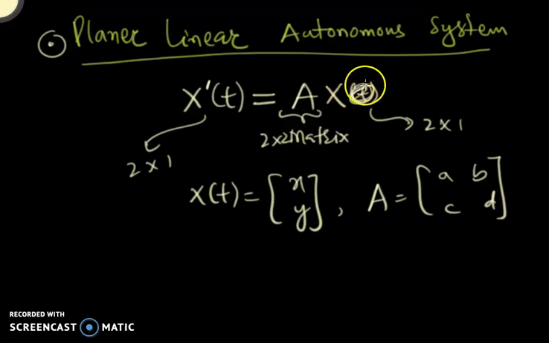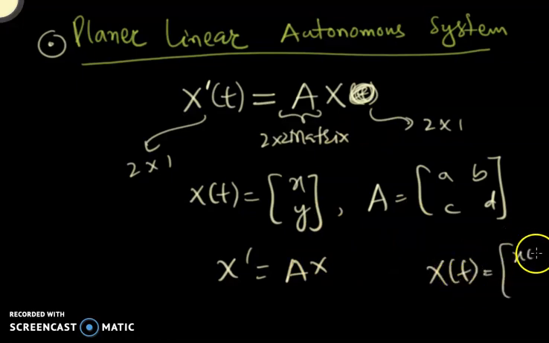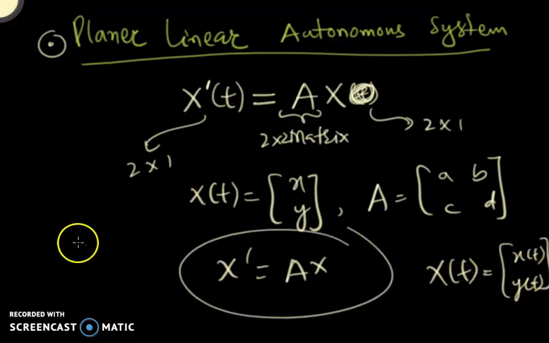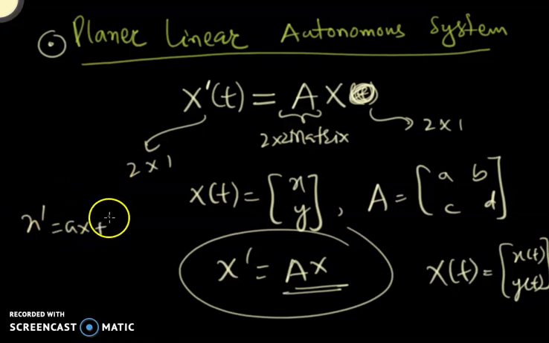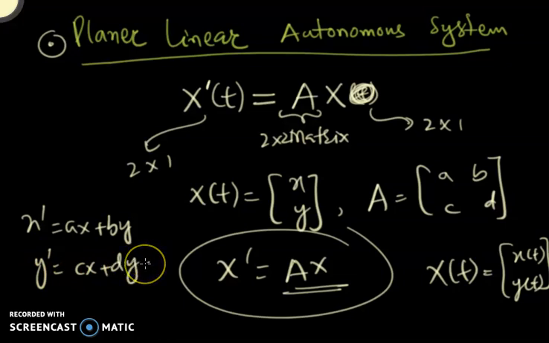Well, this side shouldn't depend on time, so you can write x prime equals Ax, because this vector x of t means x as a function of t and y as a function of t. Because this system is autonomous, the right side will not depend on time explicitly, and the system looks like this: x prime equals ax plus by and y prime equals cx plus dy.